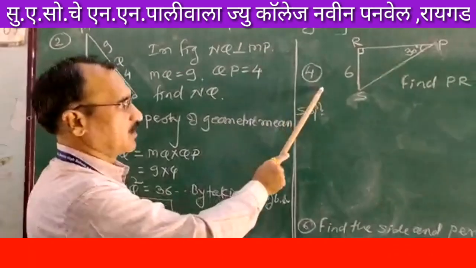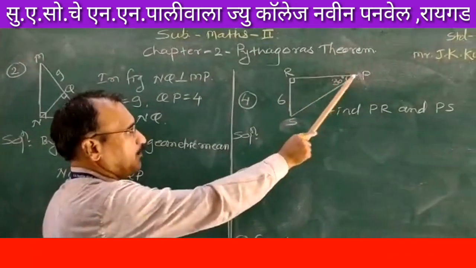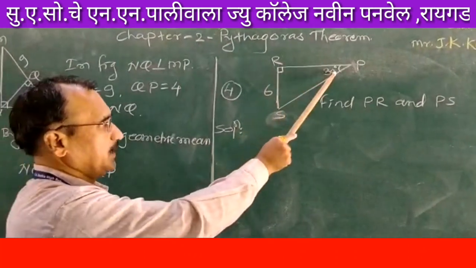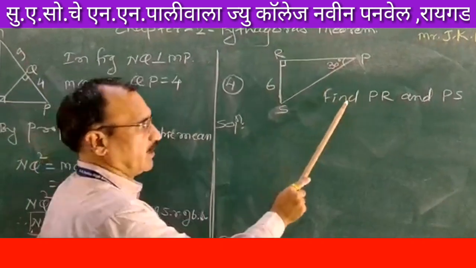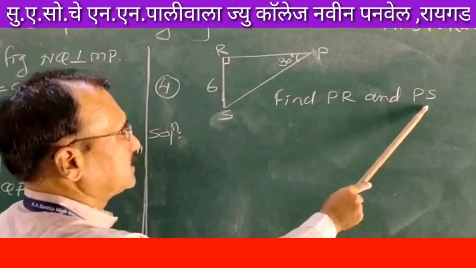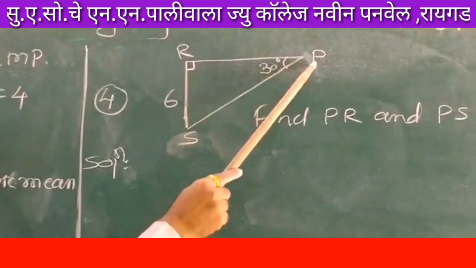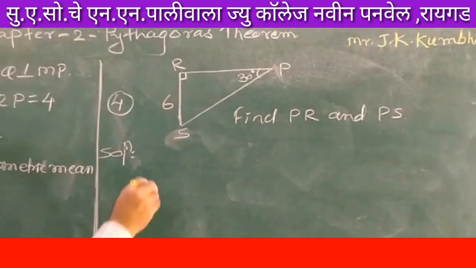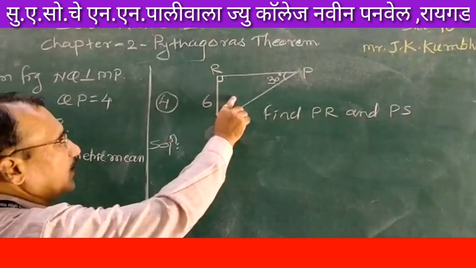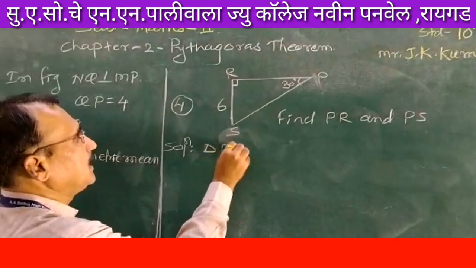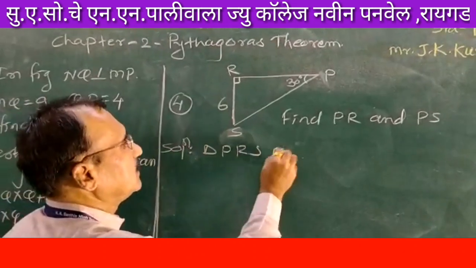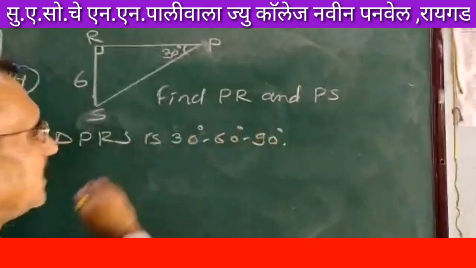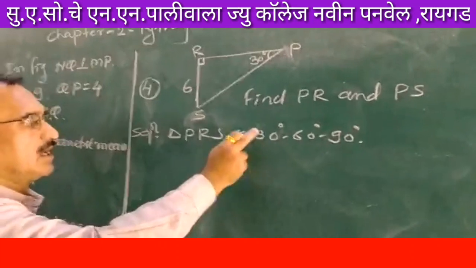Now the fourth example from our textbook. Here triangle PRS. RS is 6 and angle P is 30 degrees, and here we have to find PR and PS. That means the length of this side and the length of this side we have to find here. For that purpose, firstly we have to prove this triangle PRS is 30, 60, 90 degree. How can we prove?